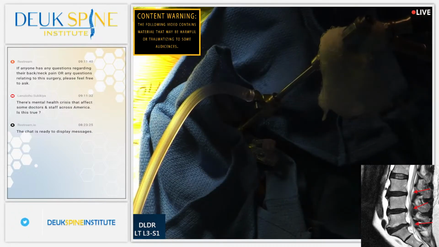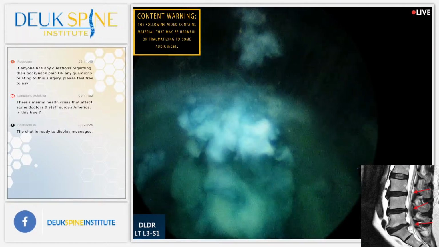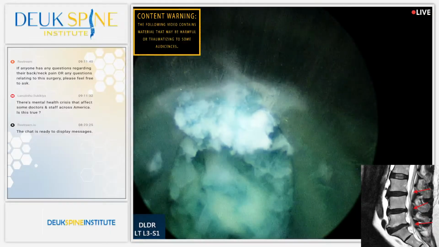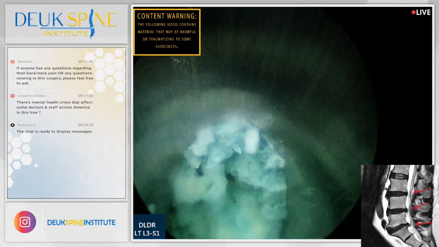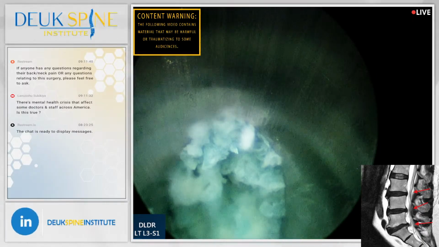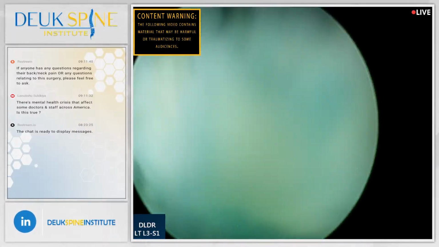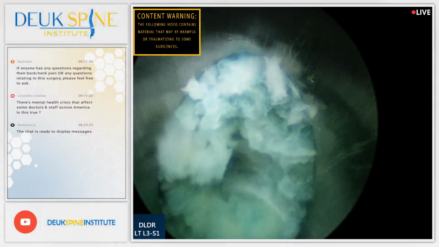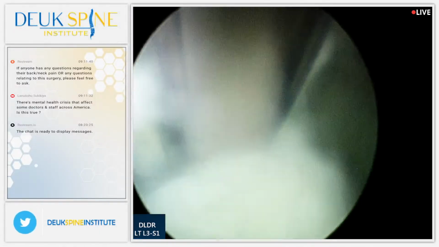It includes disc pain, facet pain, sacroiliac joint pain, piriformis pain, and fractures of the vertebral bodies. That's 99.5%, and all of them are curable with one procedure for each of those treatments here at Deuk Spine Institute. Each diagnosis has its own specific treatment, and we have those treatments here at Deuk Spine.